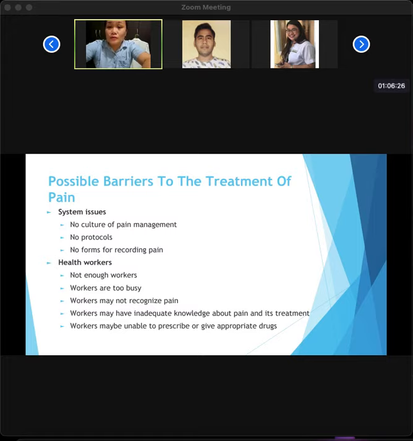Okay? So, and also workers are too busy. Especially if the patient is asking for help at 2 a.m. Sometimes sasabihin mo na lang, ay naku, puyat na ako, hindi naman yan in pain. But then the patient is in pain. So hindi mo na siya na-treat. Okay?